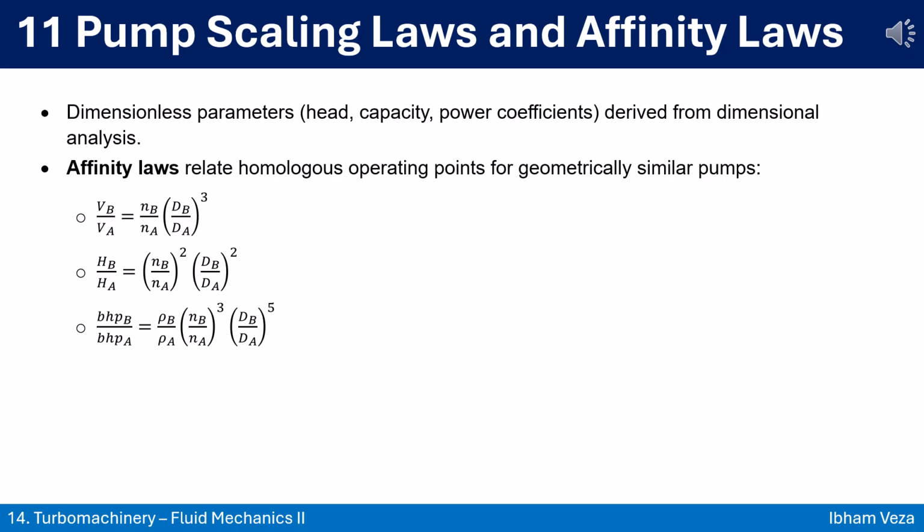These formulas give engineers the ability to design with flexibility, optimize systems efficiently, and reduce the need for costly full-scale testing. In short, the affinity laws are a bridge between lab-scale results and real-world pump installations. They're not just mathematical curiosities, they're indispensable tools for scalable design.